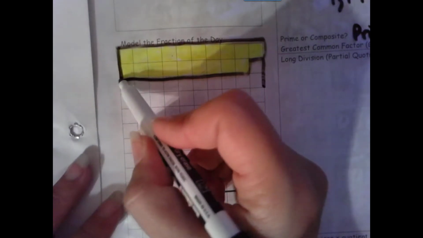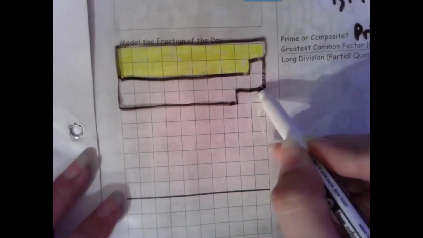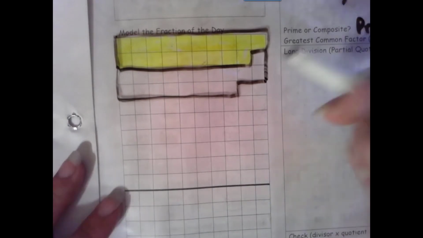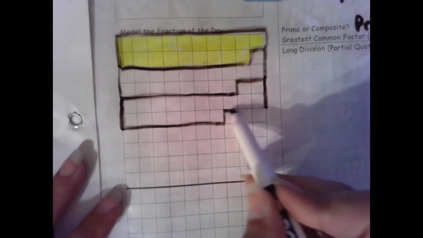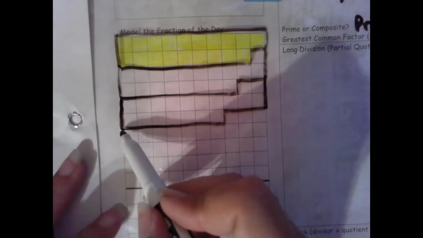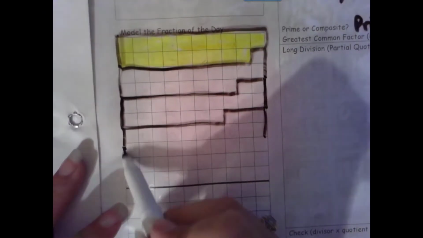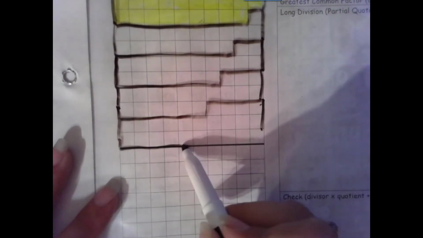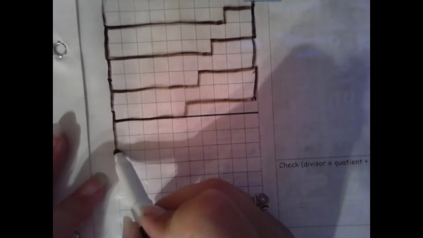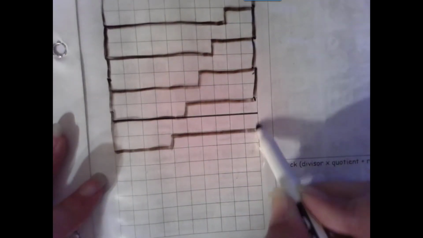So, let's see, 1 plus 10 is 11, plus 8 is 19. 2 plus 10 is 12, plus 7 is 19. 3 plus 10 is 13, plus 6 is 19. 4 plus 10 plus 5 is 19. 5 plus 10 plus 4 is 19. 6 plus 10 plus 3.